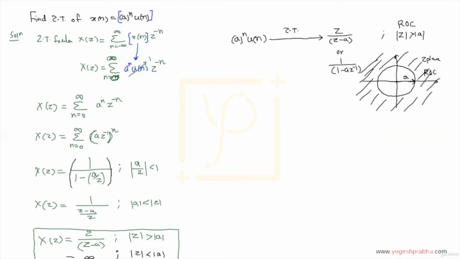Now to put it simply, if you find x of z here, in the ROC area, the answer will be finite, so you will get some good answer. But if you find x of z for any value that is inside this circle, then the answer will be infinity because you are in the non-ROC area.